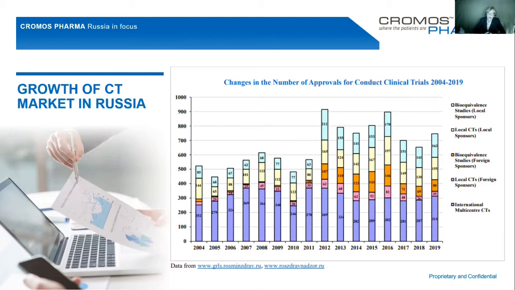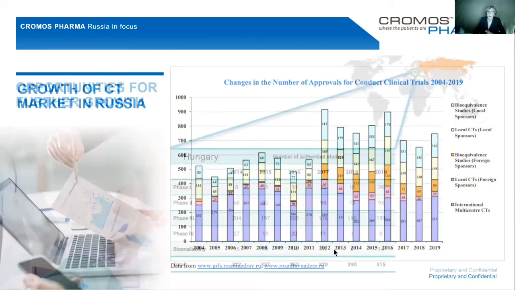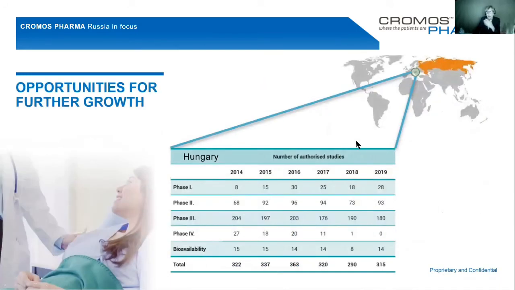There's no Ministry of Health or government initiative to reduce studies, so they've trickled down a bit, and what this means is really good news for the rest of us, because there's a lot of capacity yet to run studies in Russia, Ukraine, etc. And I may also mention the same point with Hungary.